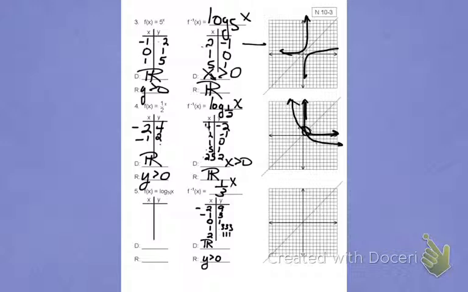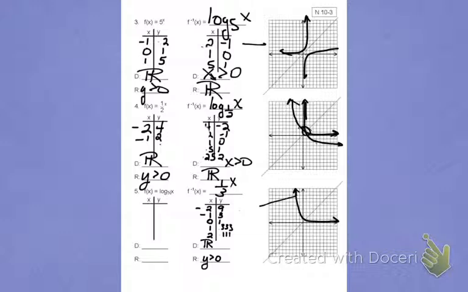Again, this is going to be an example of decay because our base is 1/3. -1, 3. 0, 1. 1, 0.333 and 2, 0.111, and so our curve comes in here something like that. Okay, and the domain is all real and the range is y is greater than 0.